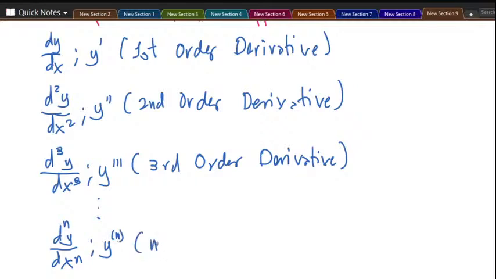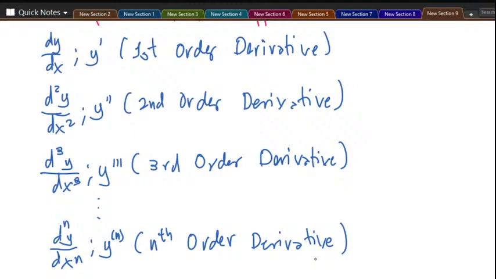So this is the nth order derivative. So this is just a review of your differential calculus. This is how we get the order of a derivative.